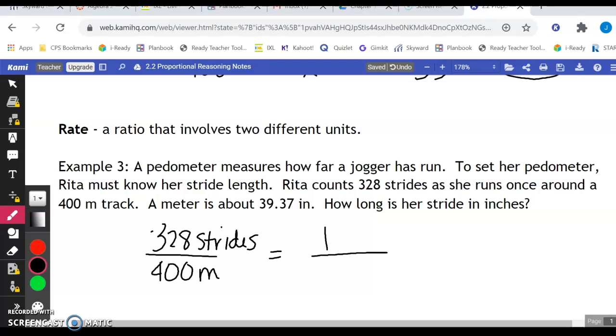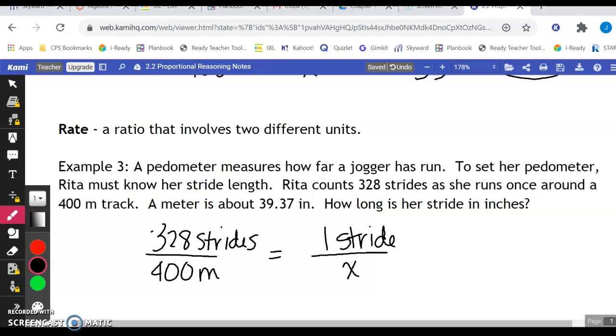So we're going to figure out what 1 stride is equal to. So we're setting up that proportion. And we don't know how many meters is in 1 stride, so the x is going to go there. So I put strides at the top because strides was on the top of my other fraction that we started with. If it were at the bottom, then I would have had to put it at the bottom. That's how I knew where to put it.